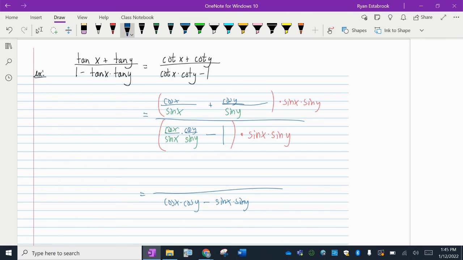When you multiply it by the first term, what does that become? Cosine x times sine of y. Multiply it here. And then multiply it to this term. Multiply it to that one, and what does it become?